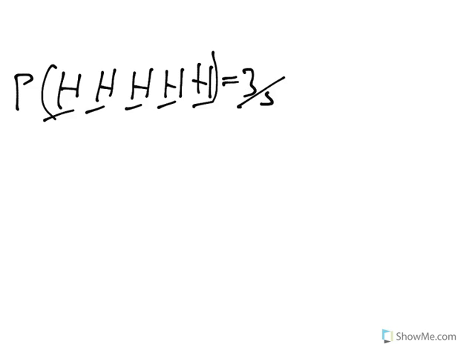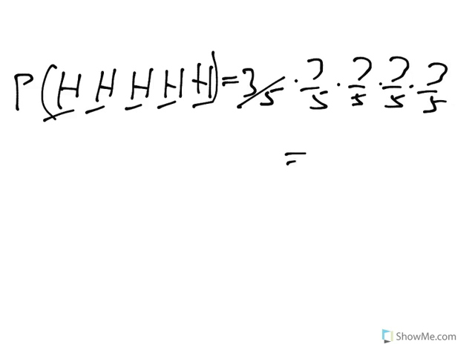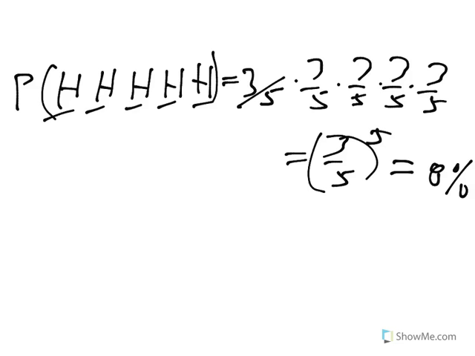So it would be 3/5 times 3/5 times 3/5 times 3/5 times 3/5, otherwise known as 3/5 to the 5th power, which is about 8%. So the chances of getting 5 heads when you flip it 5 times is pretty low.